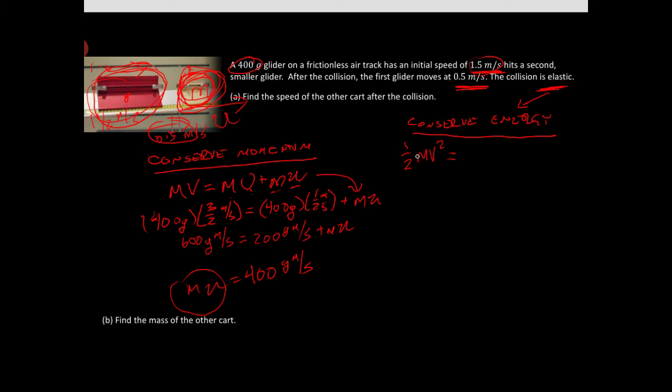So it's going to be the same expression, 1/2 mu squared on the other side. Again, this is the energy of motion. The yellow glider isn't moving, so it has no energy initially. So all the energy is originally in the motion of the red glider. And then we have the yellow glider, which are the lowercase letters, same expression for the kinetic energy.